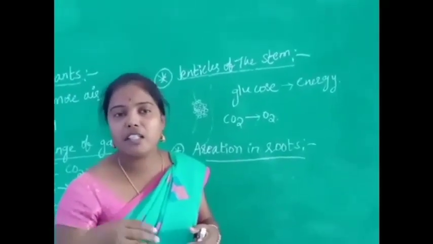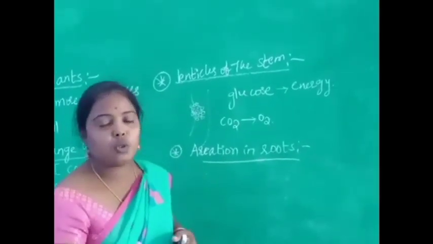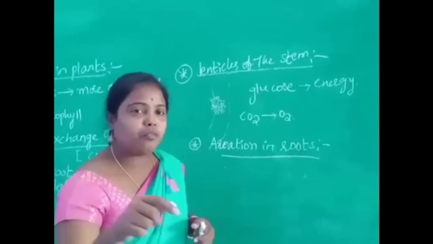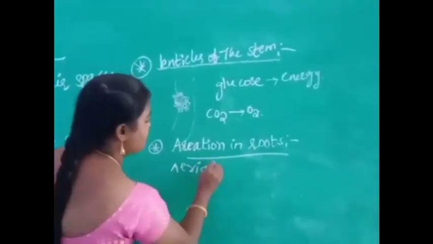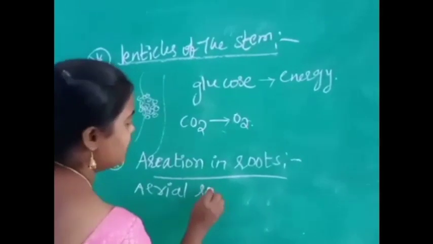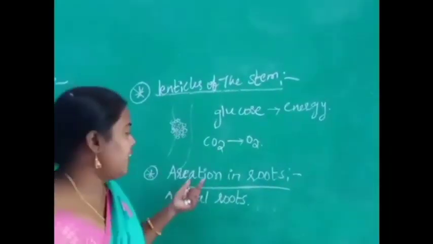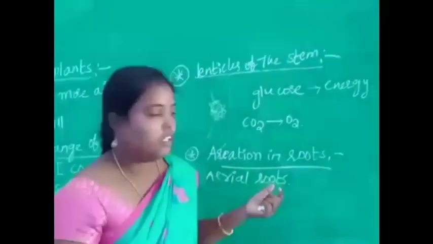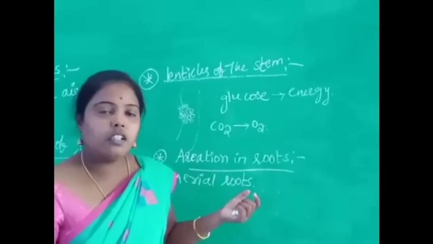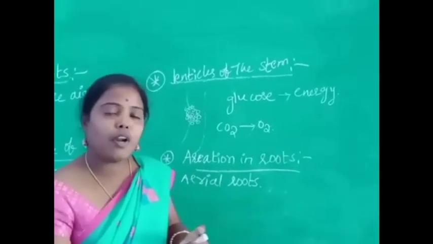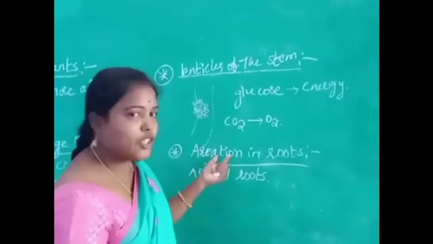These roots are called aerial roots, and the process is called aeration. The aerial roots absorb water and carbon dioxide gas from the top of the soil. This process is called aeration.